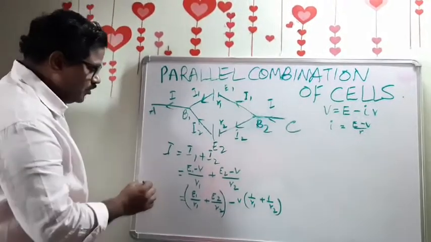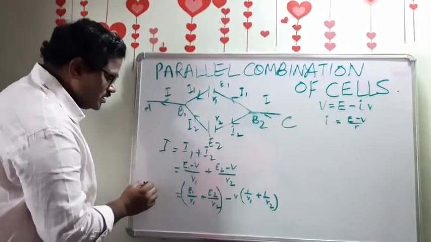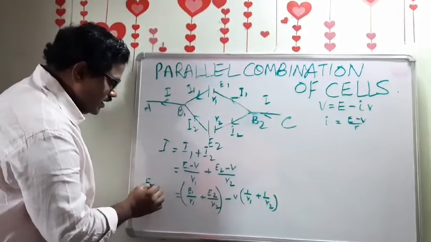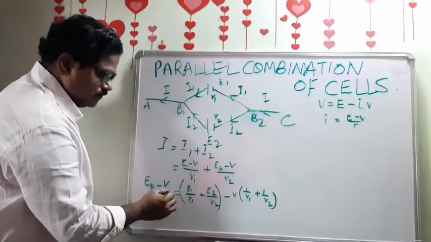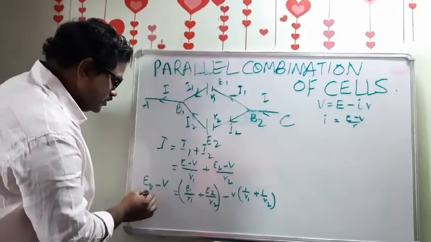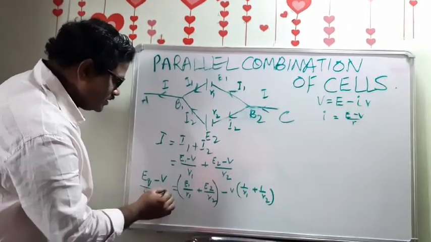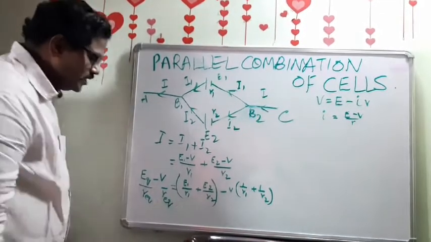And the same we do for I. This is also I, no? So this is equivalent, and it can be written as E equivalent minus V by R, in other words E equivalent by R equivalent minus V by R equivalent. Is that clear?